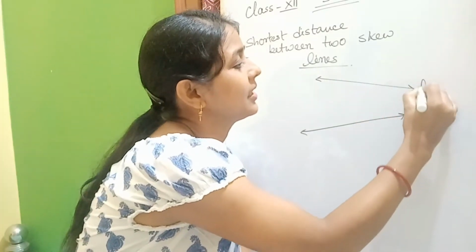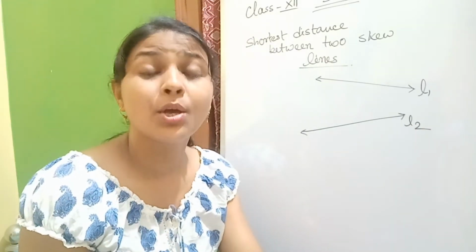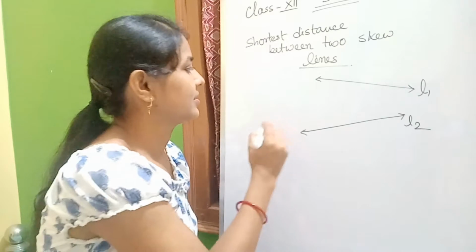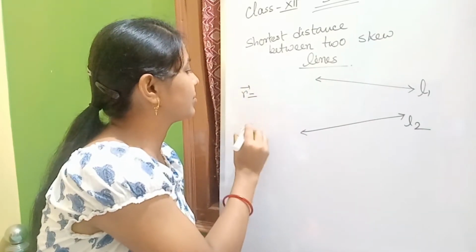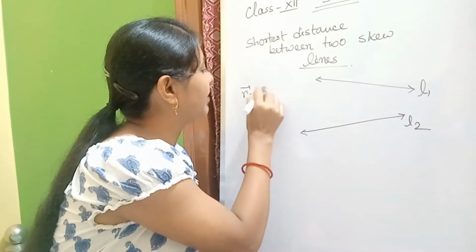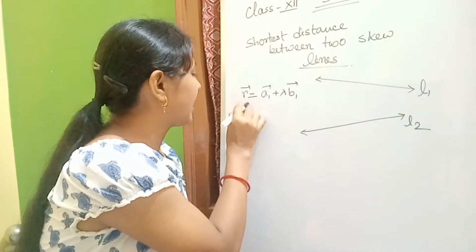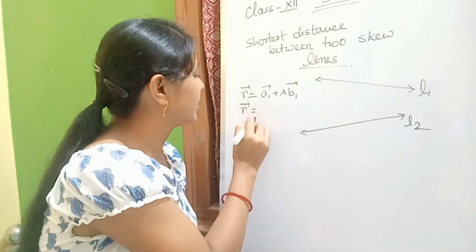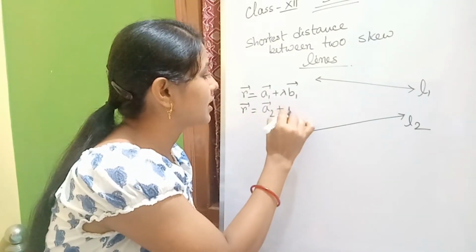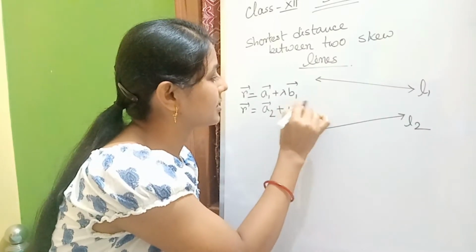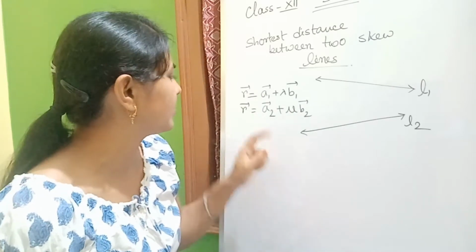Let L1 and L2 be two skew lines with equations: r vector equals a1 vector plus lambda b1 vector, and the second one, L2, is represented by r vector equals a2 vector plus mu b2 vector. You can take any scalars, it doesn't matter.